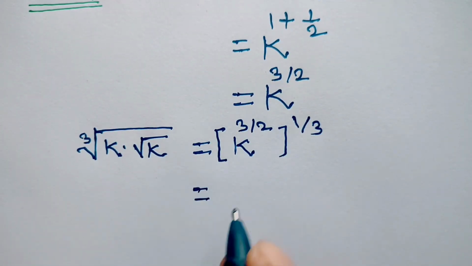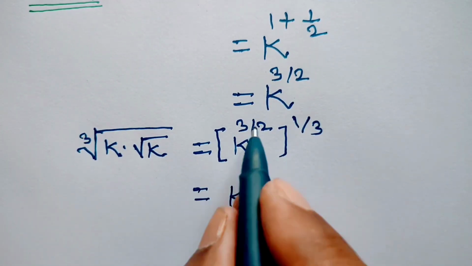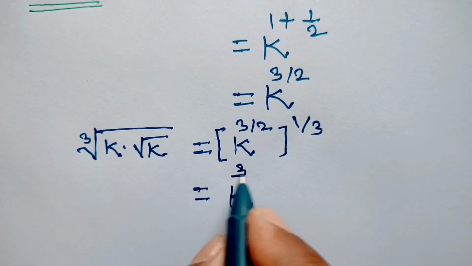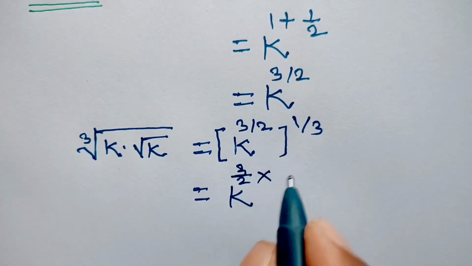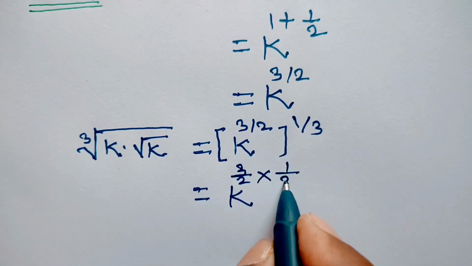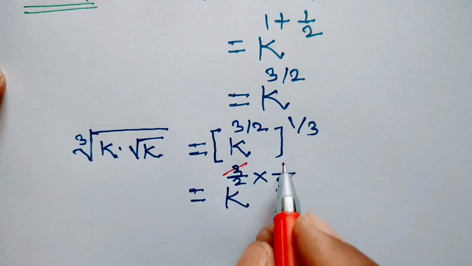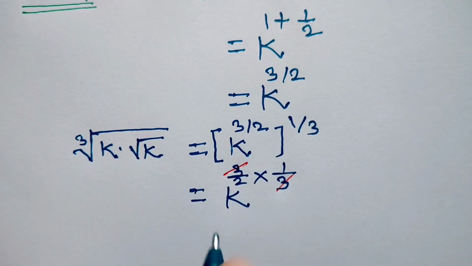This is equal to k to the power, power of power means multiplication of powers, 3 upon 2 into 1 upon 3. This 3 gets cancelled with this 3, remains 1 upon 2. Hence this is equal to k to the power 1 upon 2.